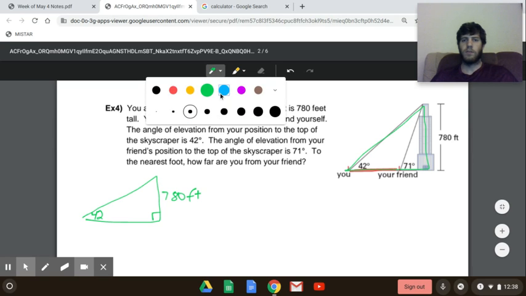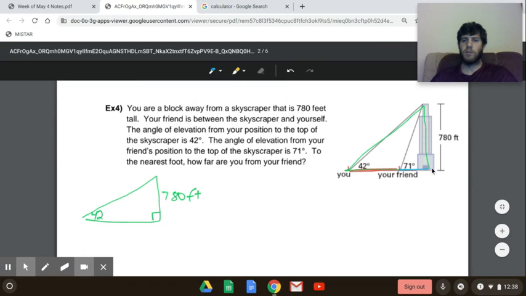Then I also see the blue one, which is the smaller one. So this one's much smaller. This is 71 degrees. Here's our right angle. We know the tower is 780 feet tall.